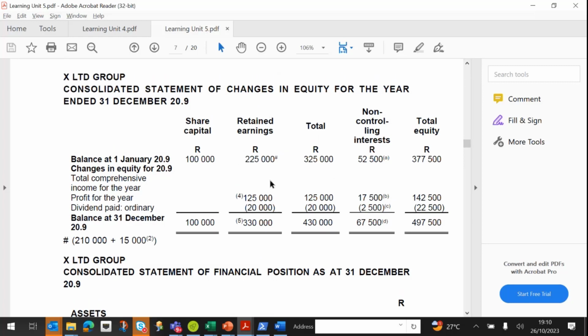So I don't need to do an analysis to get this, because all that I do is take the beginning retained earnings of the parent, and I also know from my calculations what my opening retained earnings is. As we go through the consolidation, you will see. I'll be showing you how to do these things.